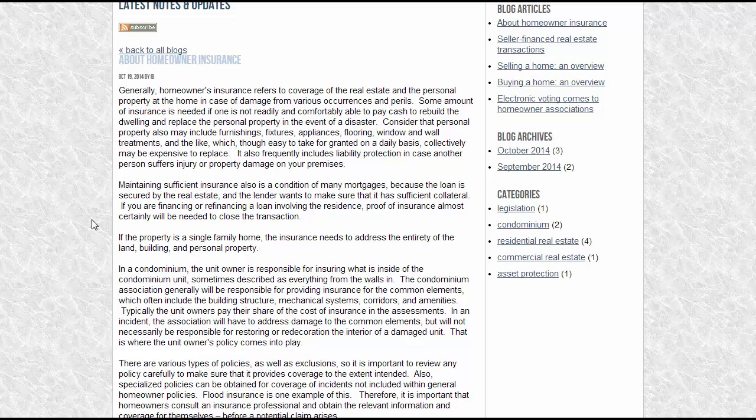If someone is thinking, I don't want to have an umbrella policy on my home, or I don't want full coverage on my house, or I actually don't know that much about insurance, there are a million different objections people can have. You want to talk about those objections and why it's important for people to overcome them and take the advice that you're giving them.